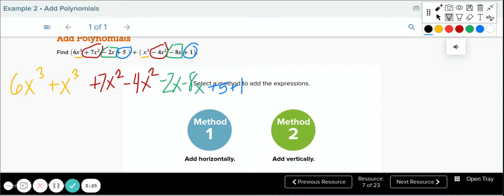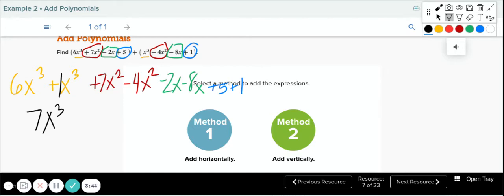You can just go ahead and solve them. So the 6x to the third plus, this is 1x to the third. If it were 0x to the third, then we wouldn't even see the x to the third term. So there is one of them there. So we call that 7.